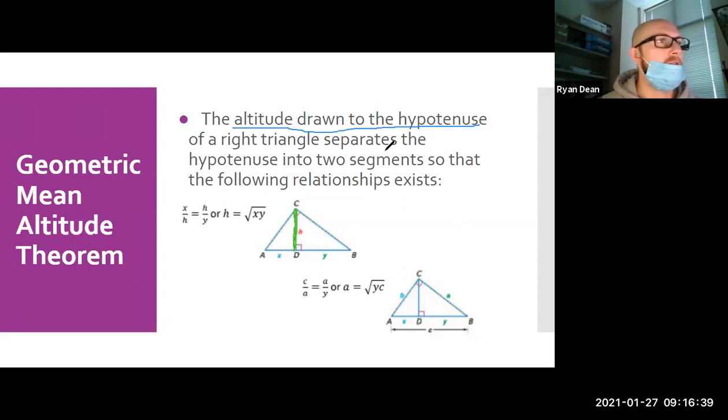What it does is it separates the hypotenuse, the longest side, into two segments. Remember, the hypotenuse is the side that's across from the 90-degree angle. So that way, this relationship exists. This is the relationship that we're talking about.